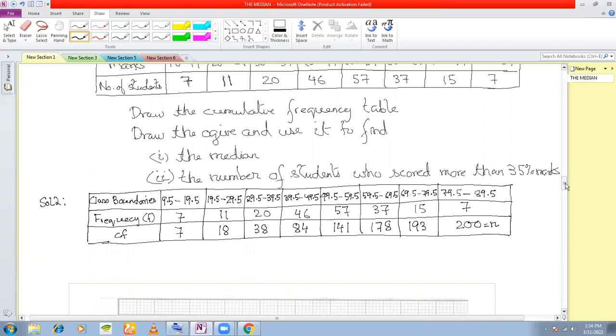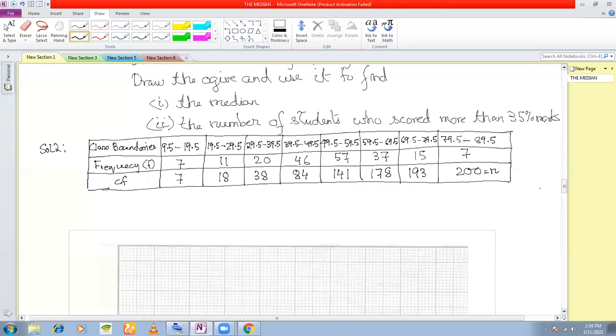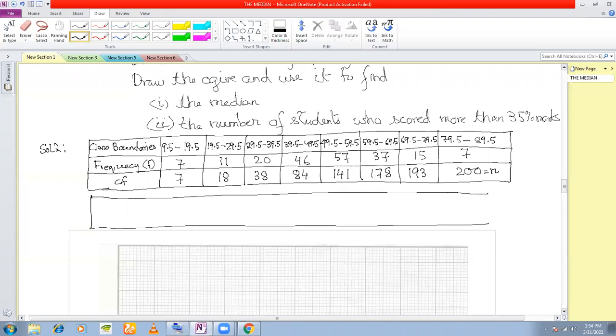Now, once we have converted these class limits to class boundaries, we'll construct our usual table for the points. So which points are we going to take? We'll take the lower class boundary and we'll take the cumulative frequency.